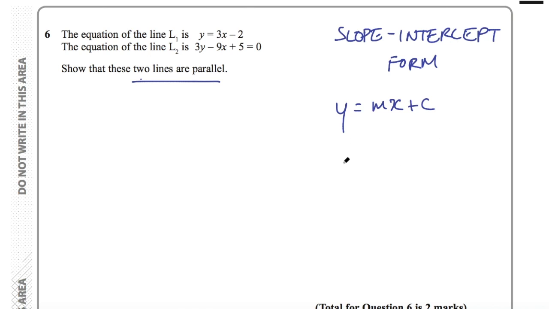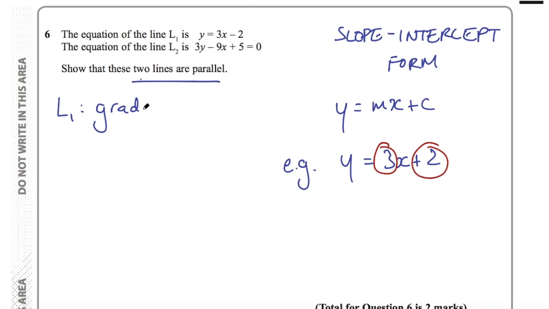So here we can see that y equals 3x minus 2, and 3 is the gradient and 2 is the y-intercept. So for L1, the gradient equals 3. And for L2, we need to rearrange it to be in the slope-intercept form.